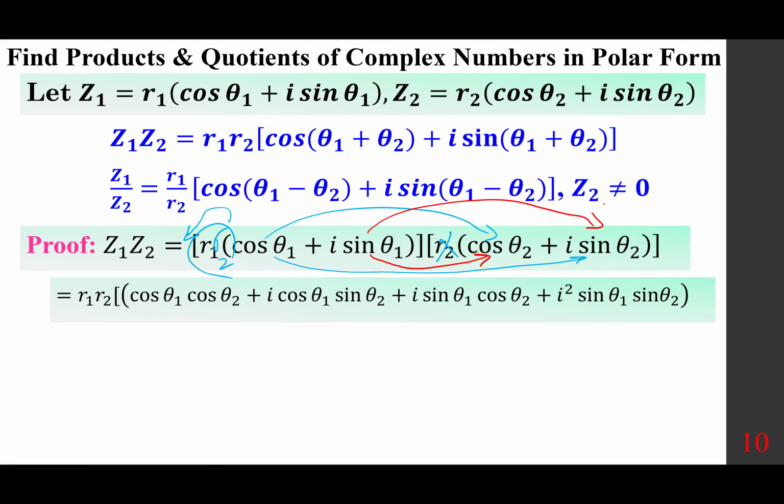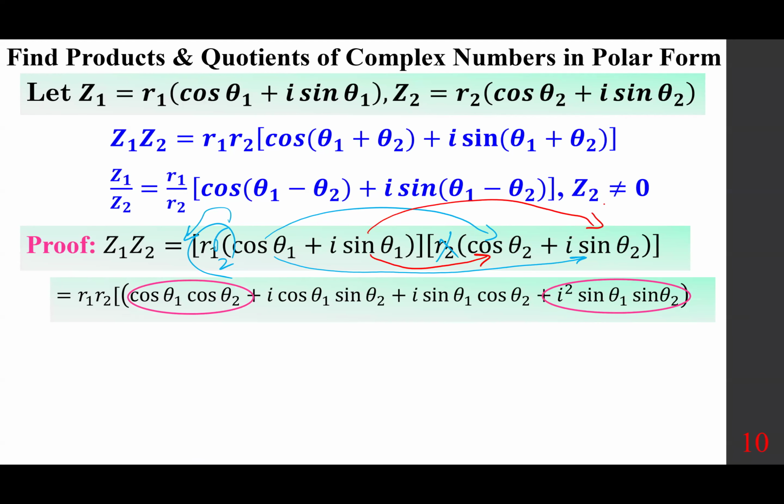So let's write it in this fashion. We are multiplying the two parentheses. We put R1 R2 outside. And we are going to collect terms as follows.